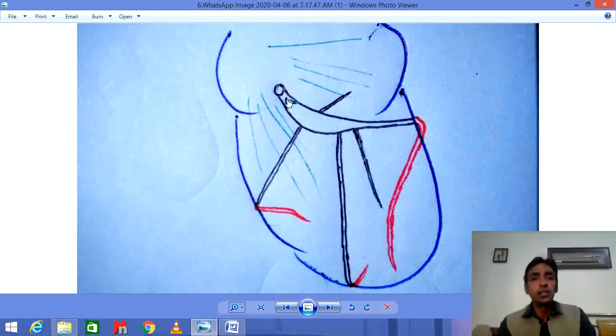Now this opens during the relaxation of the right atrium, and it closes during the contraction of the right atrium. When the right atrium contracts, this valve becomes closed, but when the right atrium relaxes, this Thebesian valve opens.